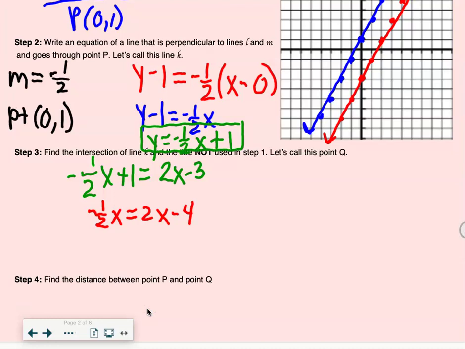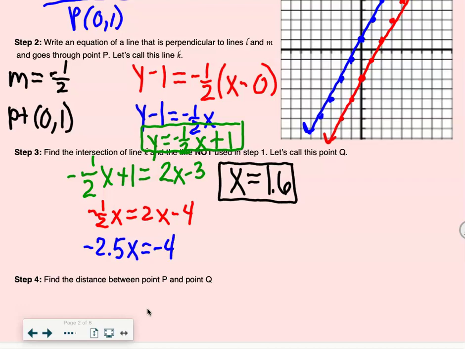Negative 2.5. What's our last step? Solve for x. So what's negative 4 divided by negative 2.5? 1.6. Anyone want to second that? 1.6. Alright.